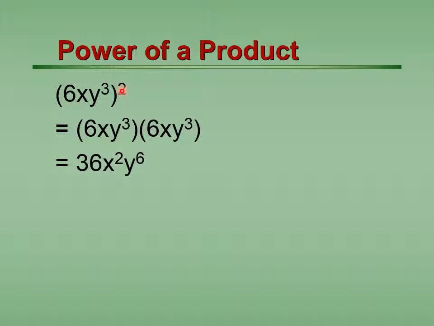So we get 36, and we get x squared, and we get y to the 6th, which would have been the same as distributing this power of 2. 6 squared is 36. x to the 1 times 2 is 2, so x squared. 3 times 2 is 6, so y to the 6th.